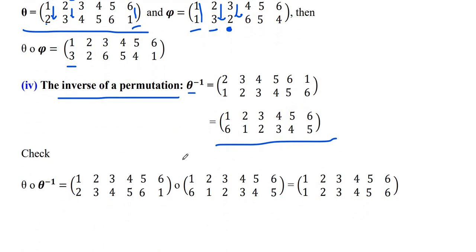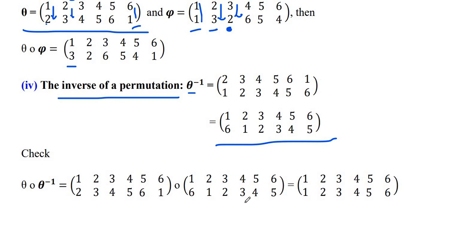And to find whether our calculation is correct or not, just multiply and see. Here is your theta. Under theta, 1 is taken to 2 and here 2 to 1. So you have 1 to 1. And under theta, 2 is taken to 3. So you have this, and under theta inverse, 3 is taken to 2. So you have 2 to 3, 3 to 2, so 2 to 2.